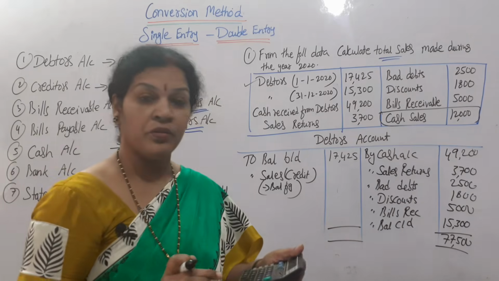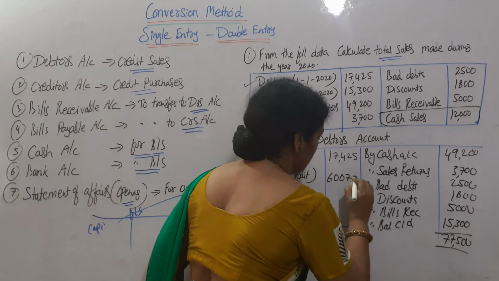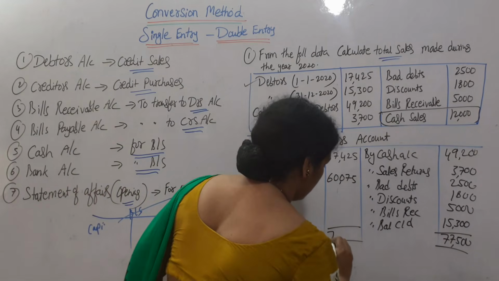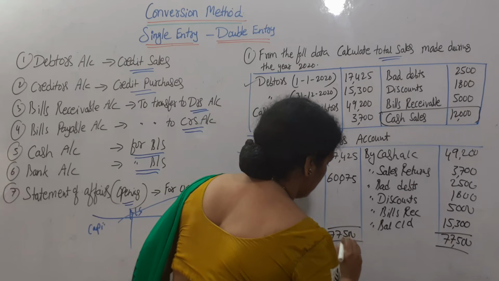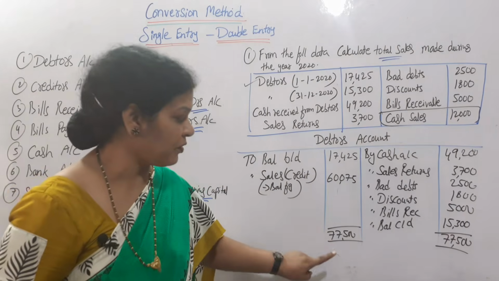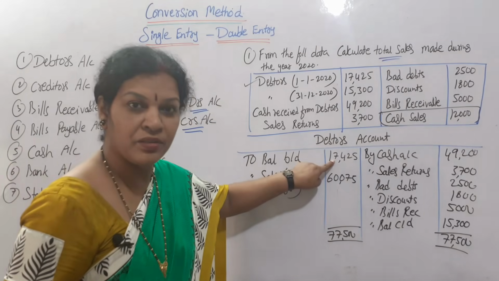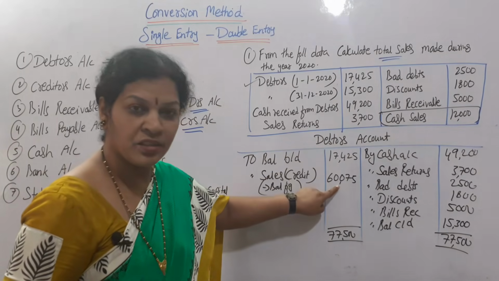It is 60,075 rupees. 60,075 rupees is the credit sales balancing figure. From 77,500, if we deduct the opening balance of debtors, you are getting 60,075 rupees.